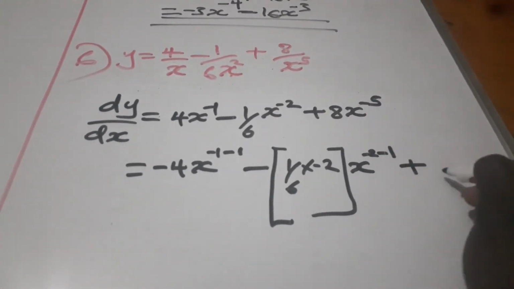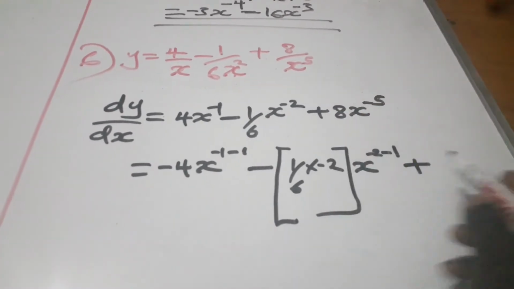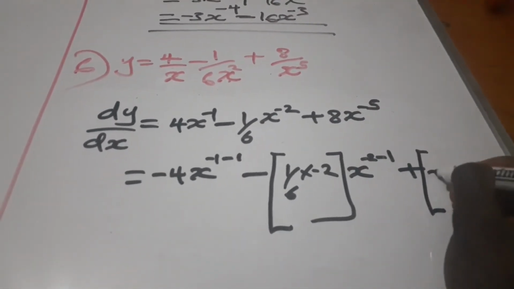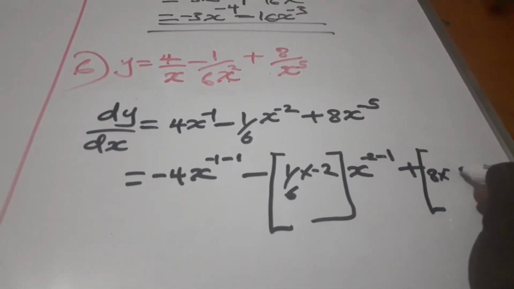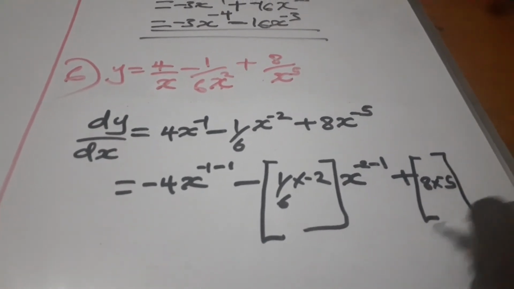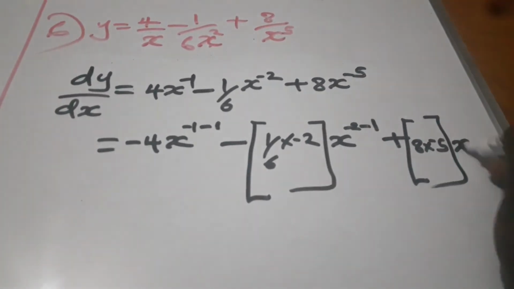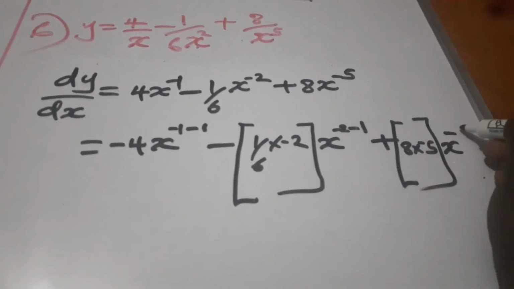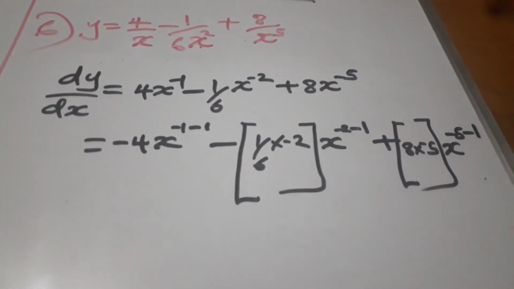And then plus 8 multiplied by negative 5, and then x raised to power negative 5 minus 1.